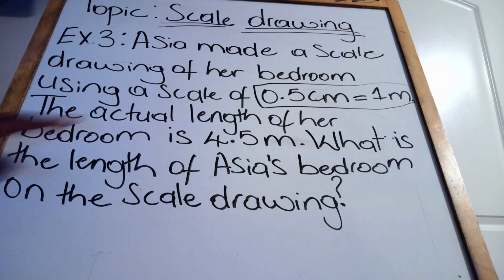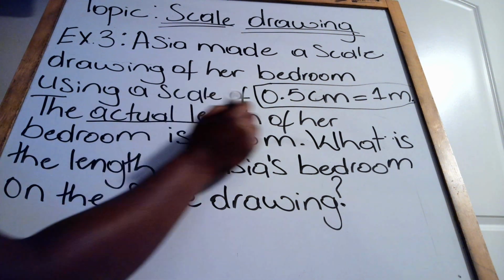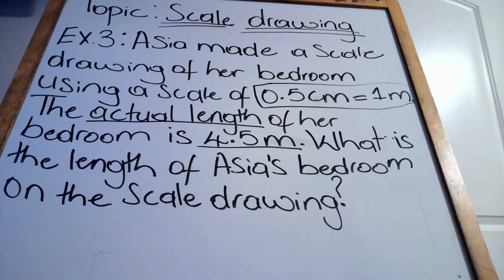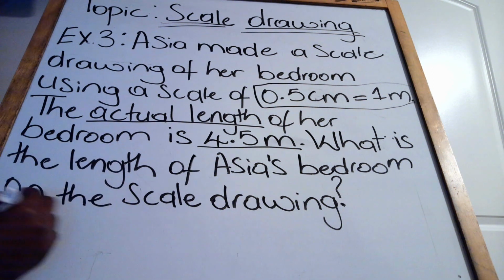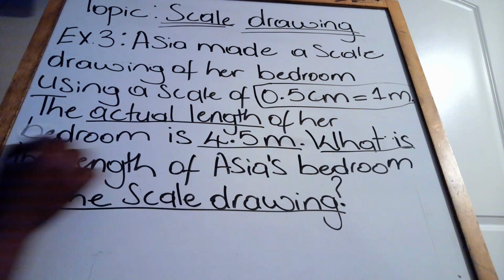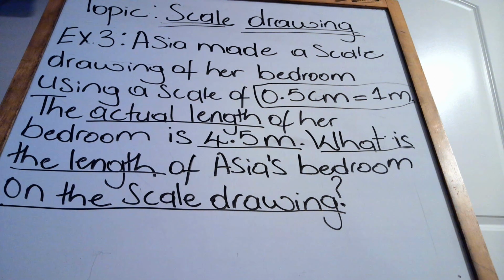Now it gives us the actual length of her bedroom, which is 4.5 meters. What is the question asking us to do? What is the length of Aisha's bedroom on the drawing? That's what we want to find.